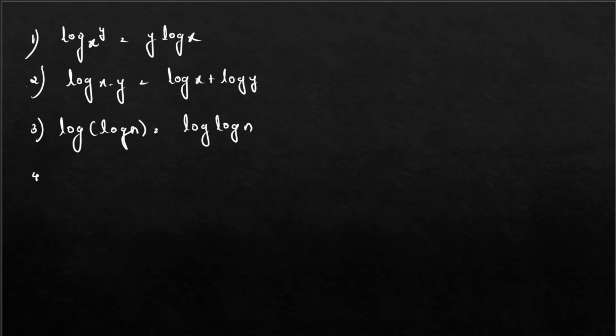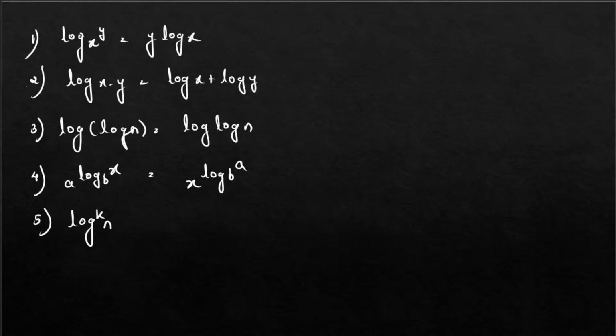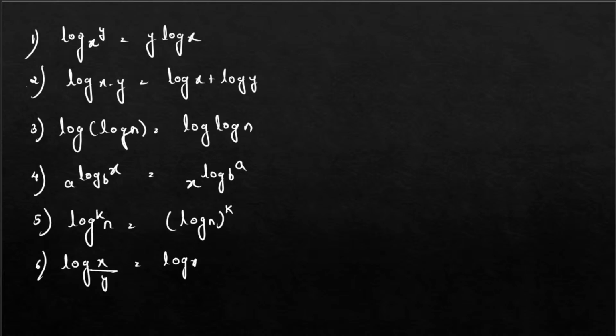Fourth, a to the power log b x is written as x to the power log b a. Fifth is log of n to the power k, which is written as k log n. Sixth, log of x by y can be written as log x minus log y.